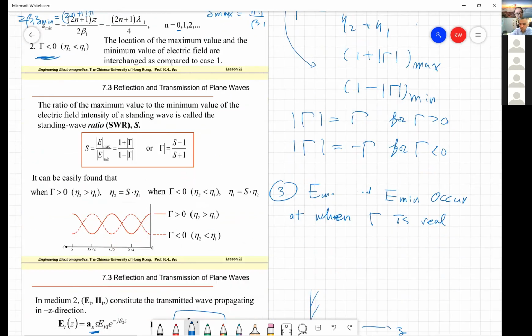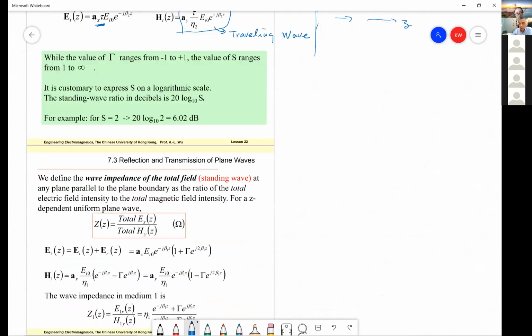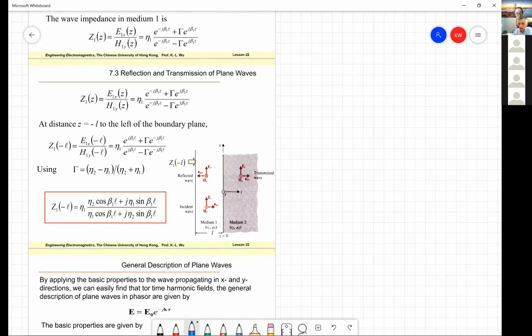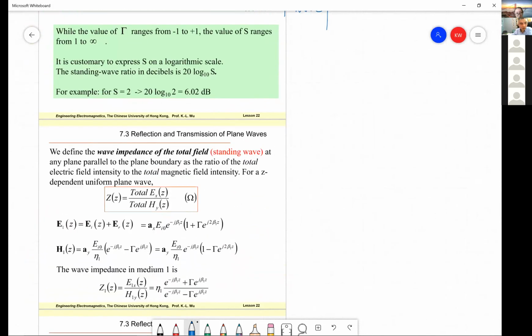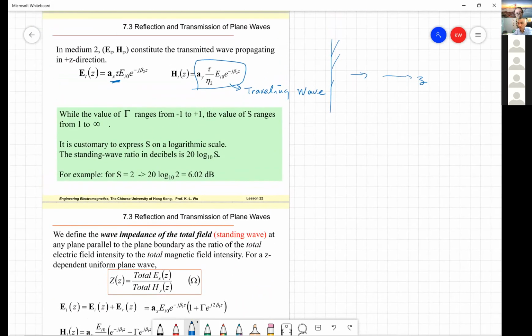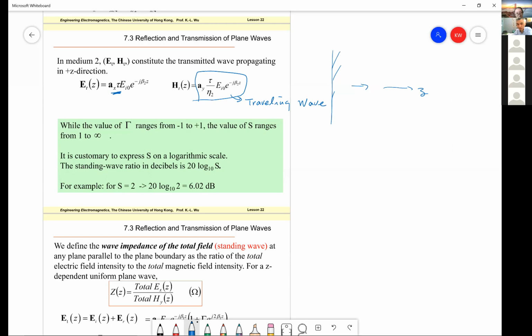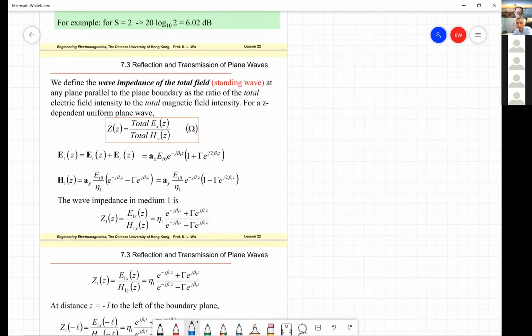So that happens when the maximum value only occurs at those very special points. Sometimes we calculate this reflection coefficient using a logarithm number, but we will discuss this in the future. Okay, not now.